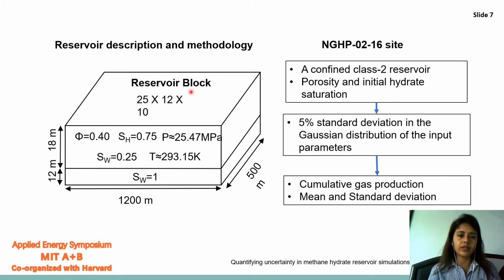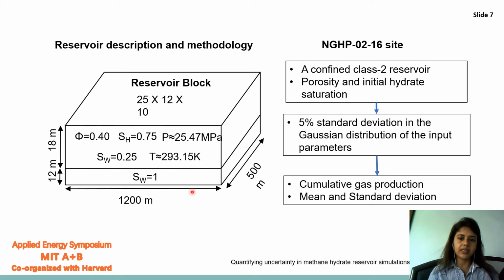The reservoir block is discretized into 25, 12, and 10 grid blocks. Heat transfer is allowed at the overburden and underburden of the reservoir. There is no heat or mass flow at the lateral boundaries. A single vertical well is used for the depressurization method. The well is maintained at 4 megapascal.